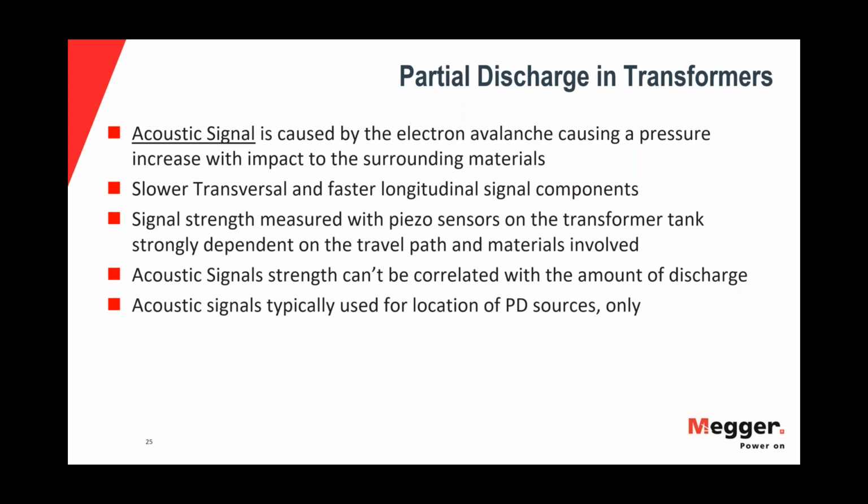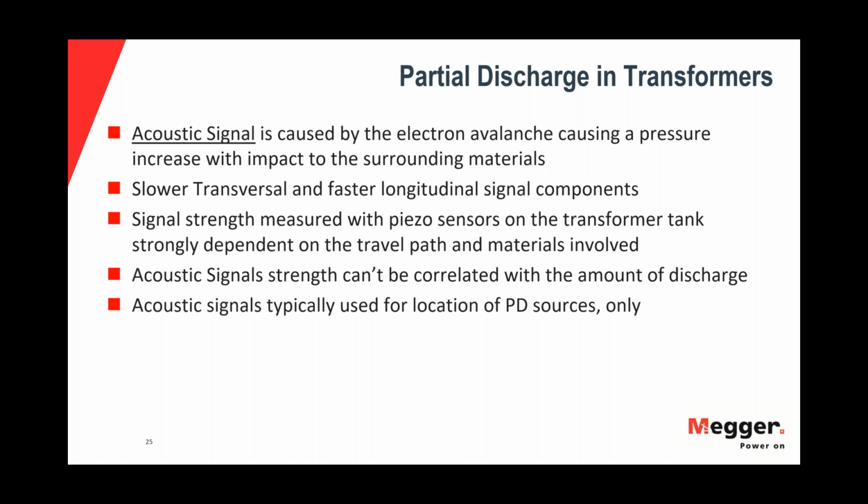Acoustic signal is caused by the electron avalanche, again causing a pressure increase, with a slower transversal and a faster longitudinal signal component. Signal strength is measured with piezo sensors on the transformer tank. Basically, we have an active acoustic amplifier, which you can put on the outside of the tank.